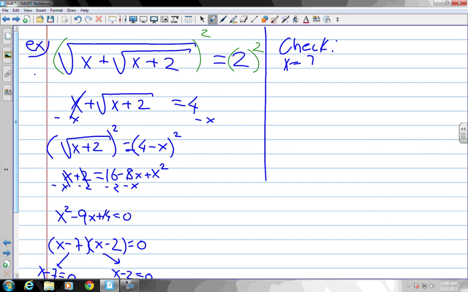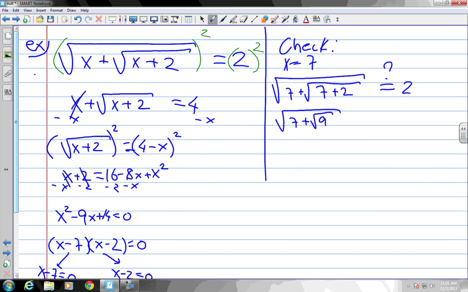So x equals 7. If I take 7 into the original equation, we end up with 7 plus the square root of 7 plus 2. Will that equal 2? Right, that's the original problem. We can compute that from the inside out. 7 plus 2 is 9, so square root of 7 plus the square root of 9.